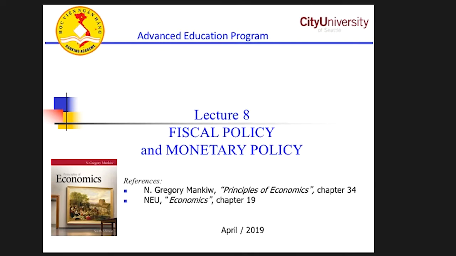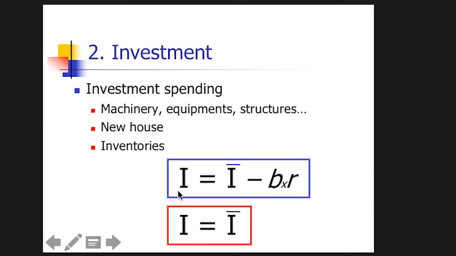In this section, we need to expand the investment function with the effect of interest rate, not only the predetermined part. So when we analyze investment, for the first step, we will ignore the effect of interest rate.